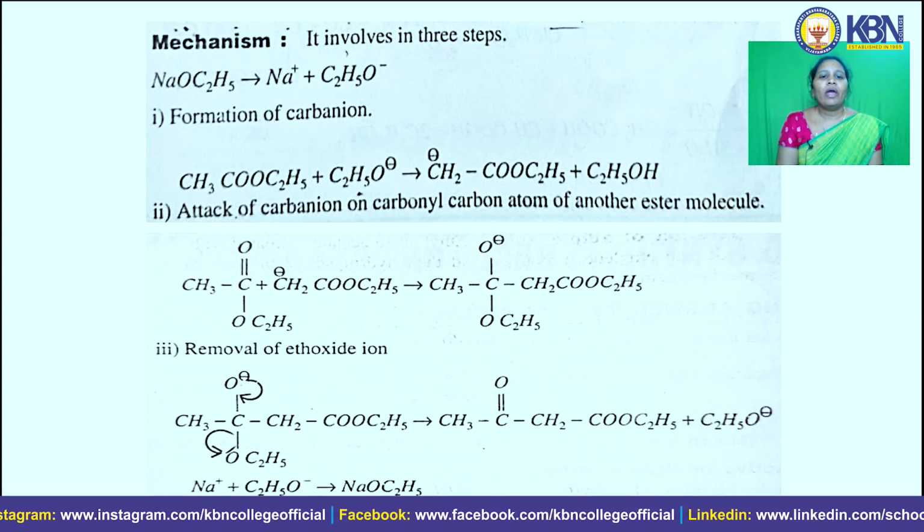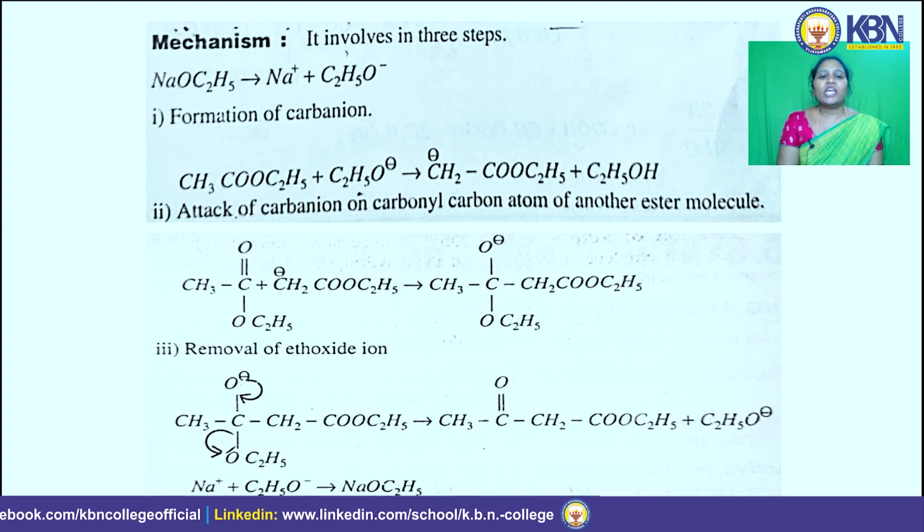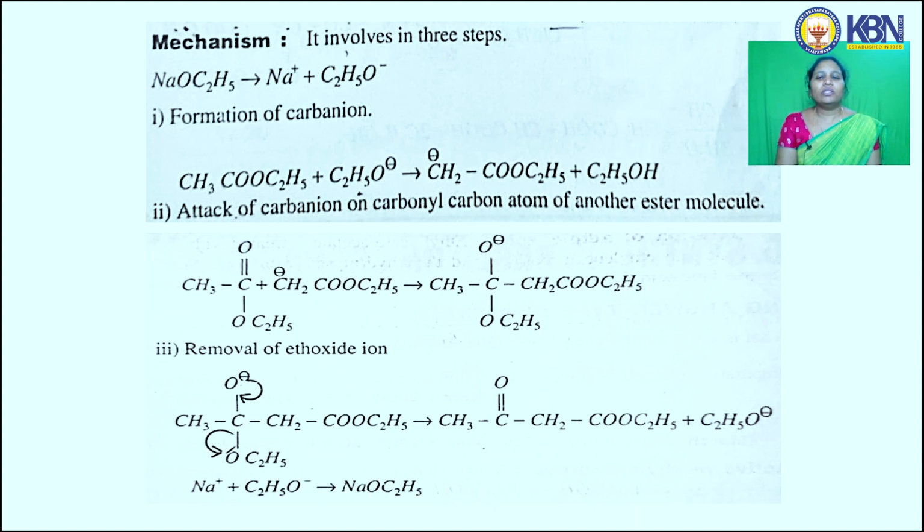In the second step, attack of the carbanion on the carbonyl group of another ester molecule takes place, resulting in the formation of an anion. In the third step, removal of the ethoxide ion from the anion takes place, resulting in the formation of a beta keto ester. Here the ketone group is present on the beta carbon atom, hence it is called a beta keto ester. This beta keto ester is nothing but our active methylene compound.